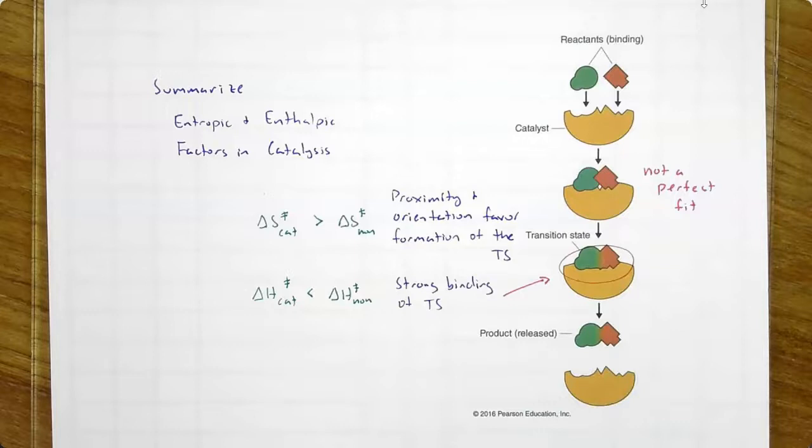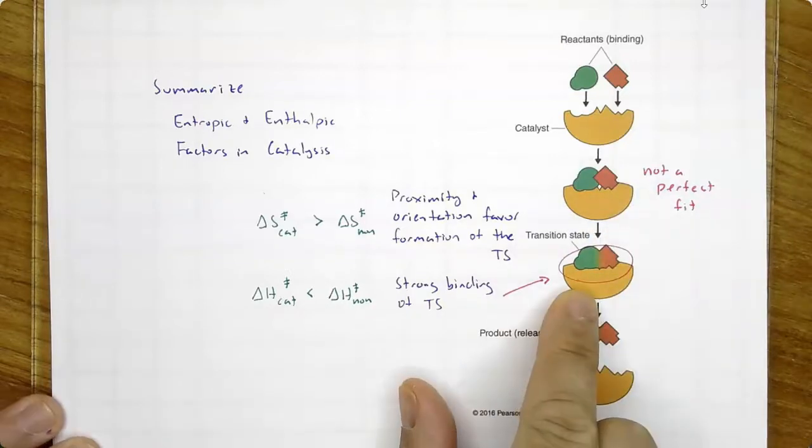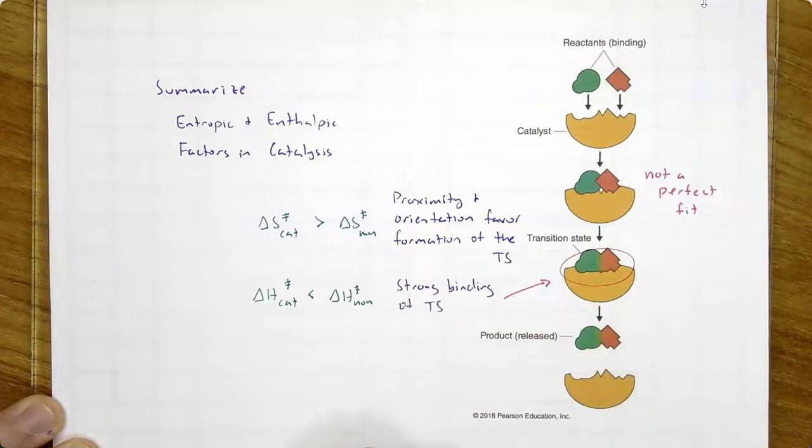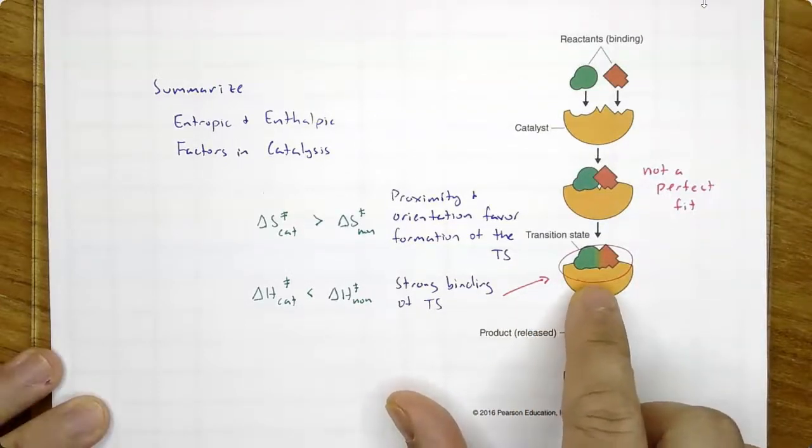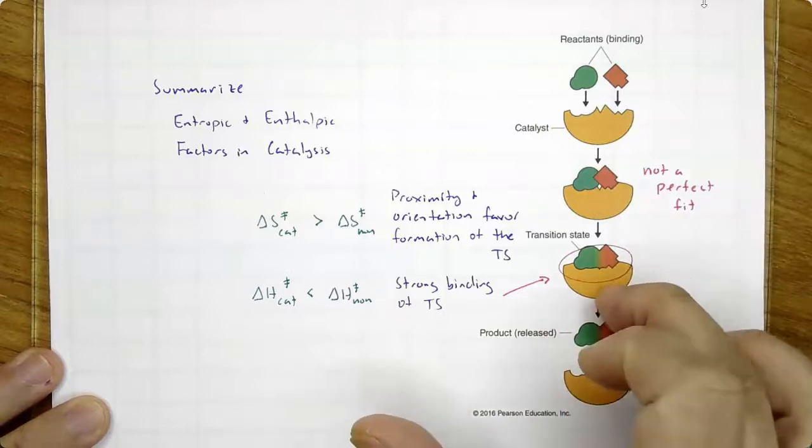Secondly, because the enzyme binds the transition state stronger than the actual substrates, we have a good match, and what that does is we add a lot of strong non-covalent interactions between the transition state and the enzyme.